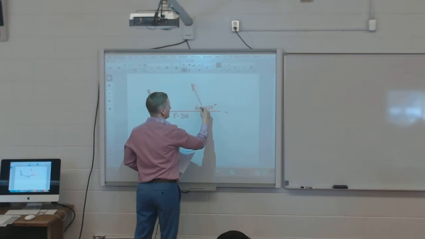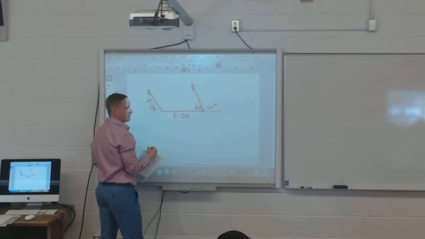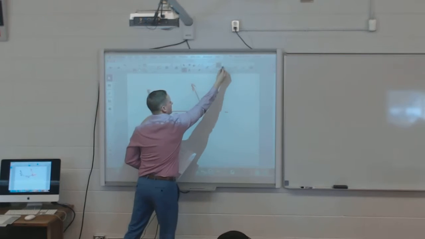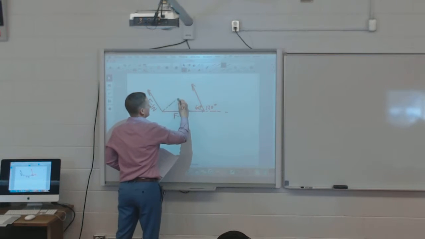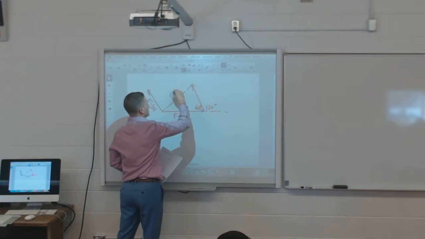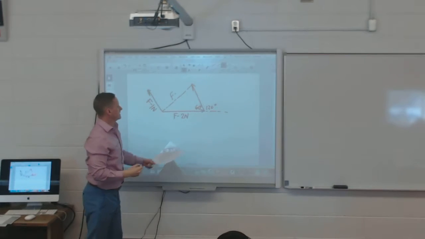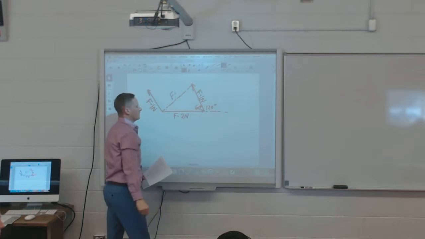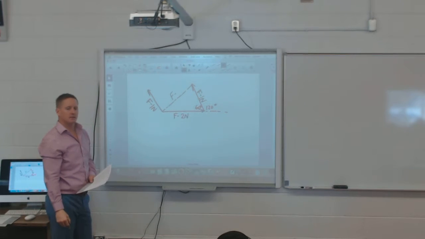Okay, so this is 60 degrees right here, because this whole angle right here was 120. And what you're looking for is that vector force right there. So that's 60. This is a force of 1 Newton. Now use your law of cosines.